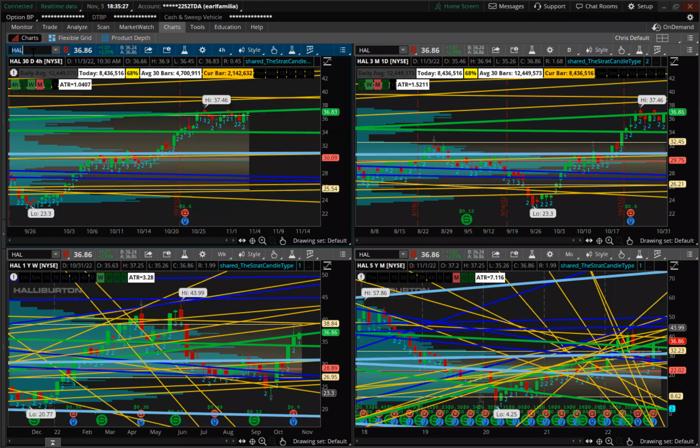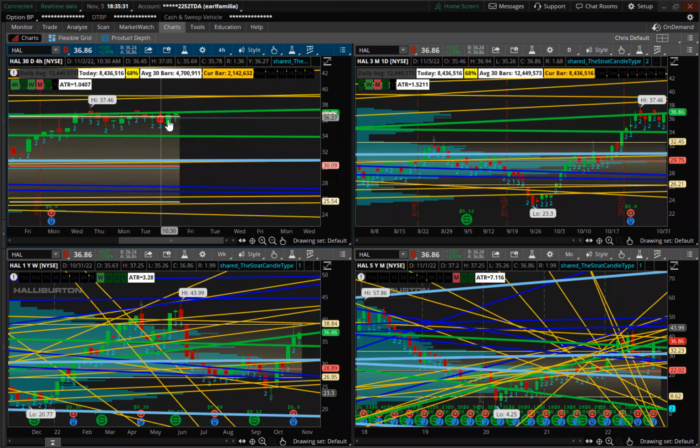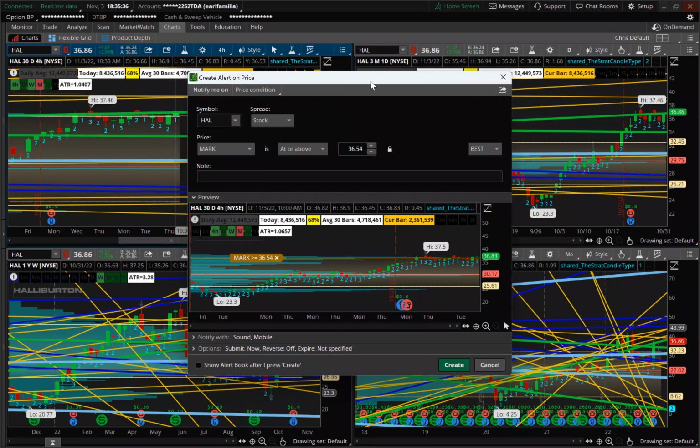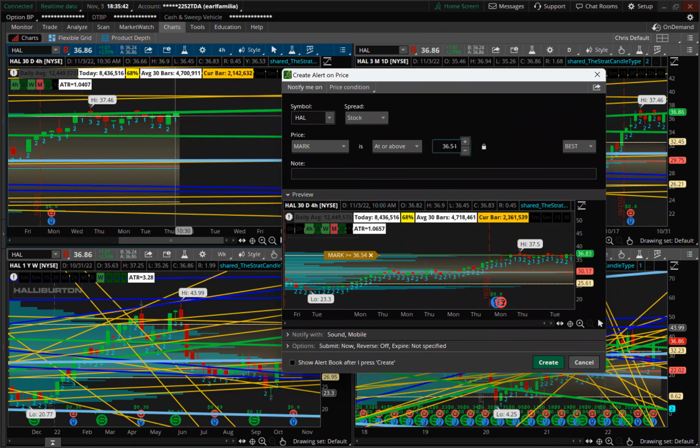So again, energy got consolidation on Halliburton here. Looking like we may try to break out of this consolidation range. We're looking at an entry on the 4-hour above $36.90.